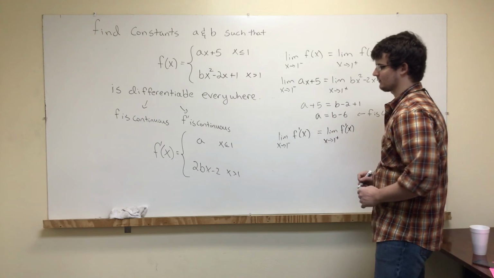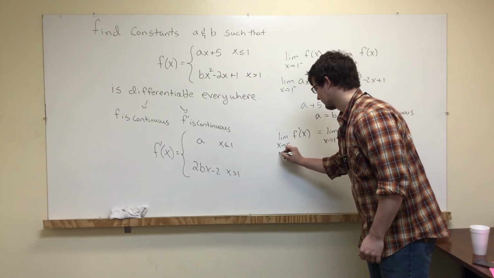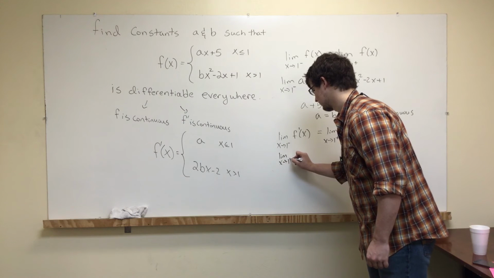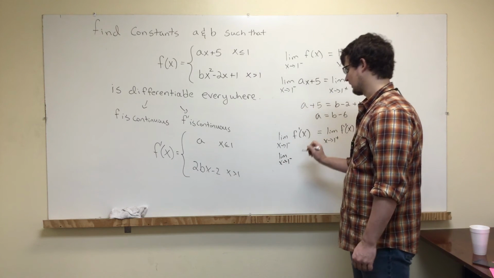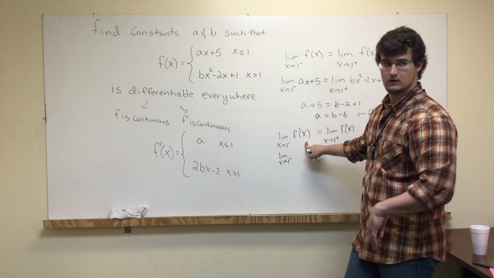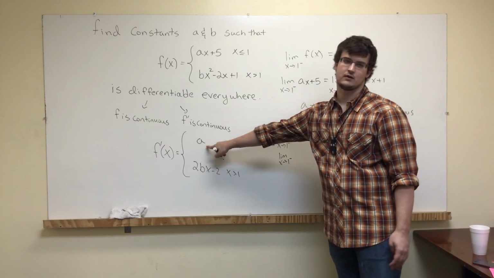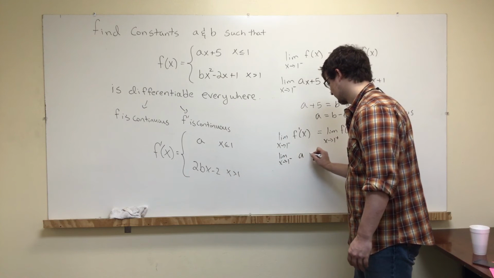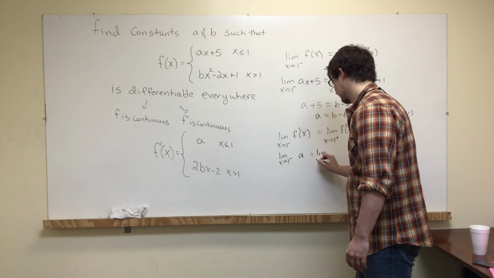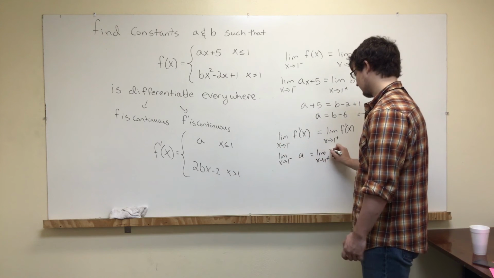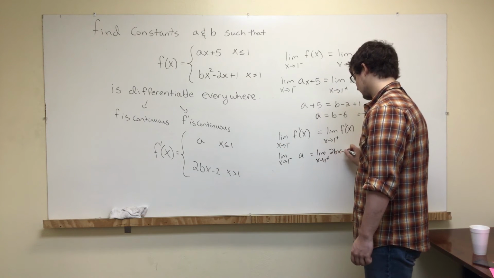Now I'm going to do the same sort of thing as before. So, f prime to the left, well, that's just going to be a. And f prime to the right, well, that's just going to be that 2bx minus 2.